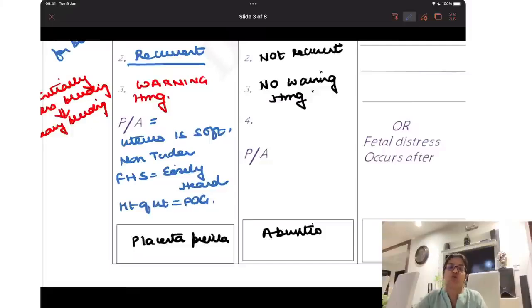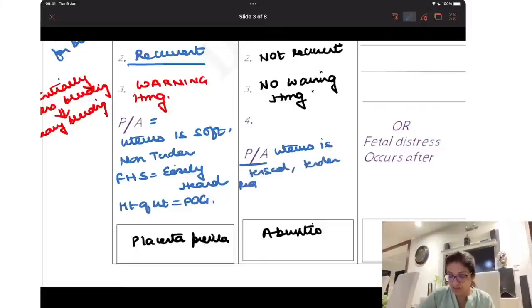Whereas in case of abruptio, on per abdominal examination, uterus is tensed, it is tender, it is rigid, right?